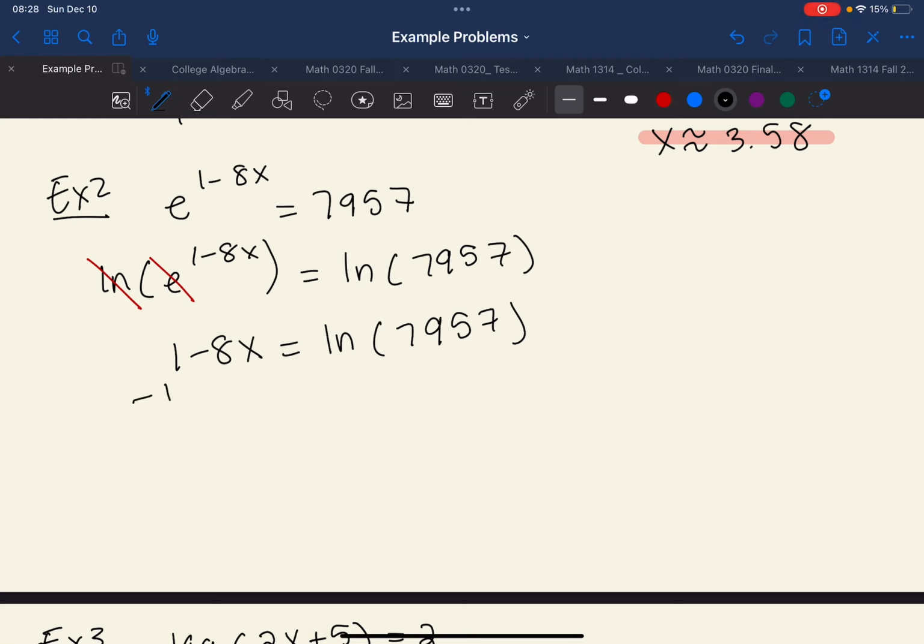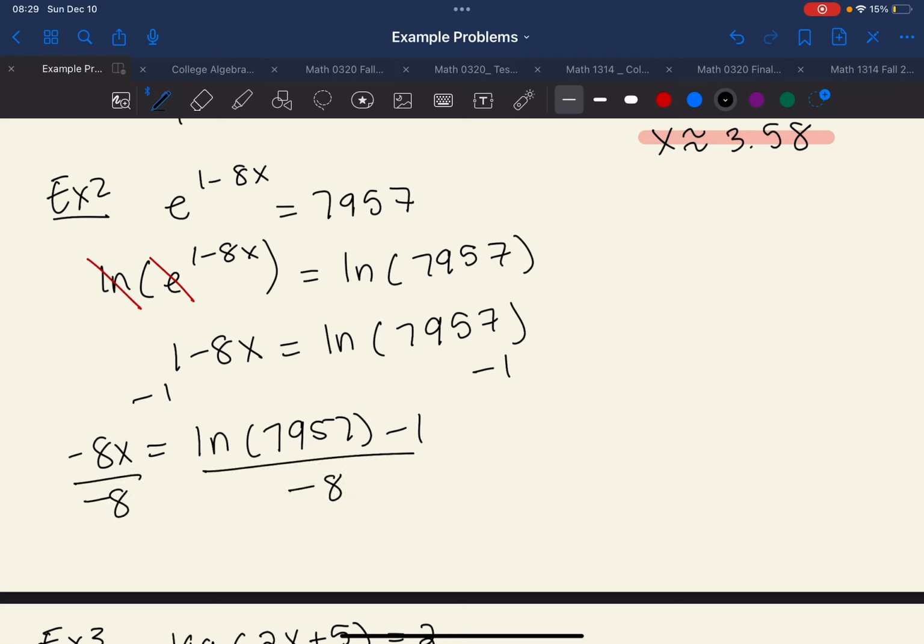And then we're just solving for x. So I'm going to subtract 1, and I get negative 8x is equal to the natural log of 7,957 minus 1. And then I'm going to divide both sides by negative 8. And I get x is equal to the natural log of 7,957 minus 1 over negative 8. And I can type that into my calculator to get an approximate.